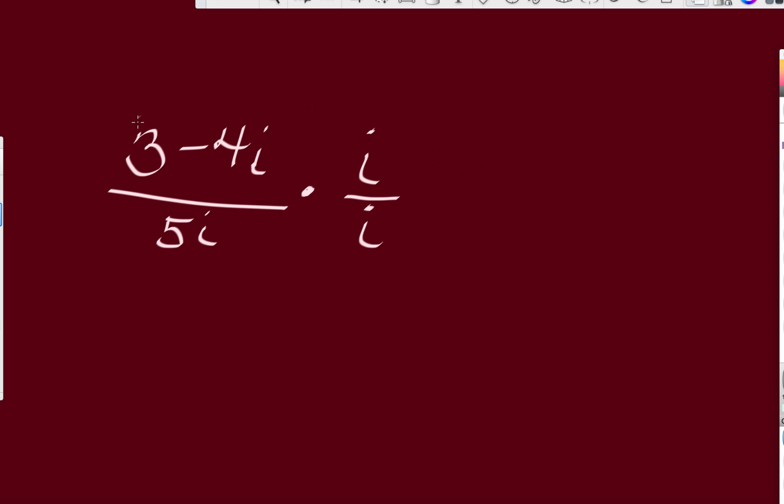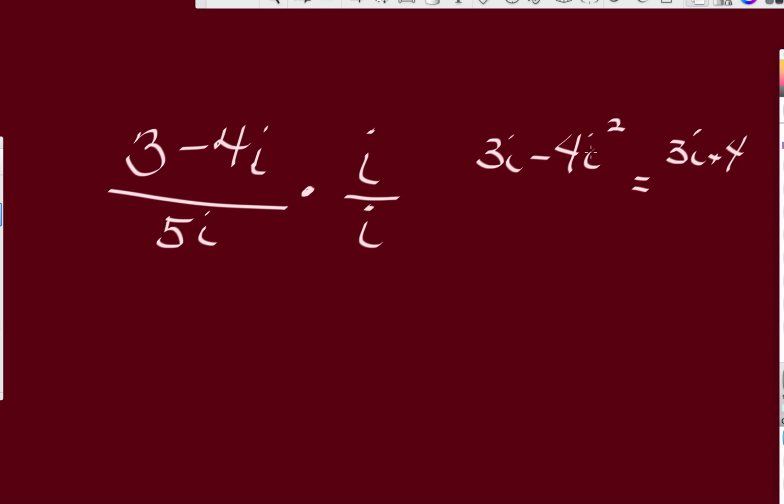But the problem is this. I have to distribute. So 3 times i is 3i. Minus 4i times i is 4i squared, which in turn is going to equal negative 4 times negative 1, because i squared is negative 1, equals 3i plus 4.